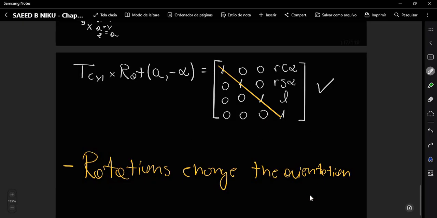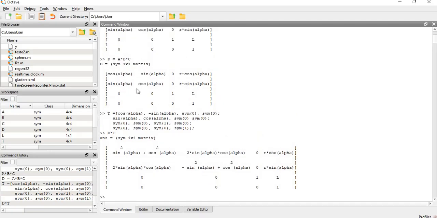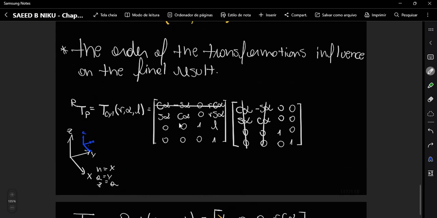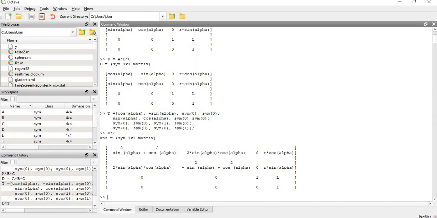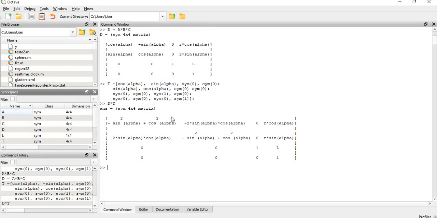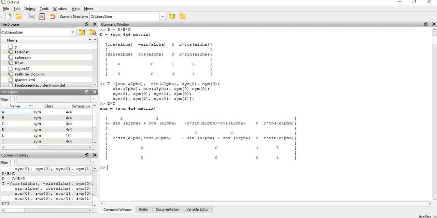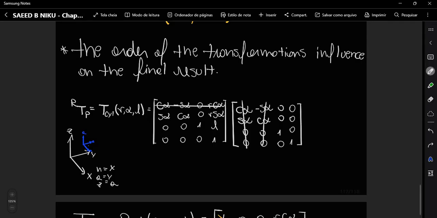Let me check and see if I passed something which is not right. Let me see. Is cosine of alpha minus sine of alpha, okay, it's correct. And right here, cosine of alpha minus sine of alpha 0 0, sine of alpha, cosine of alpha 0 0, 0 0 1 0.